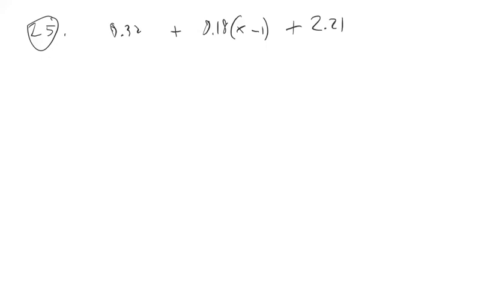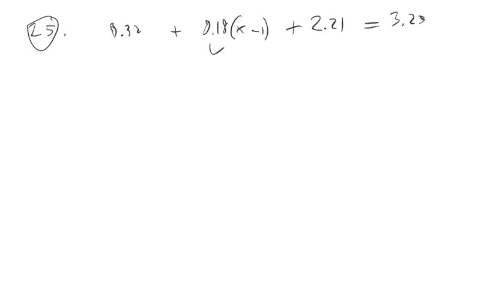So it only charges 18 cents for the number of minutes minus 1, because it already charges you 32 cents for the first minute. So the cost of the call equals $3.25. How long did the person talk? Well, we're going to solve this.